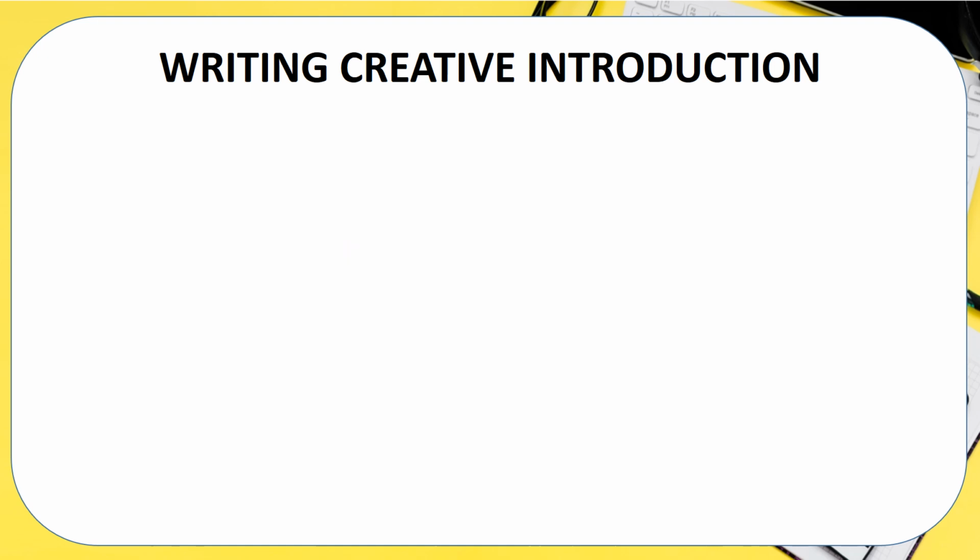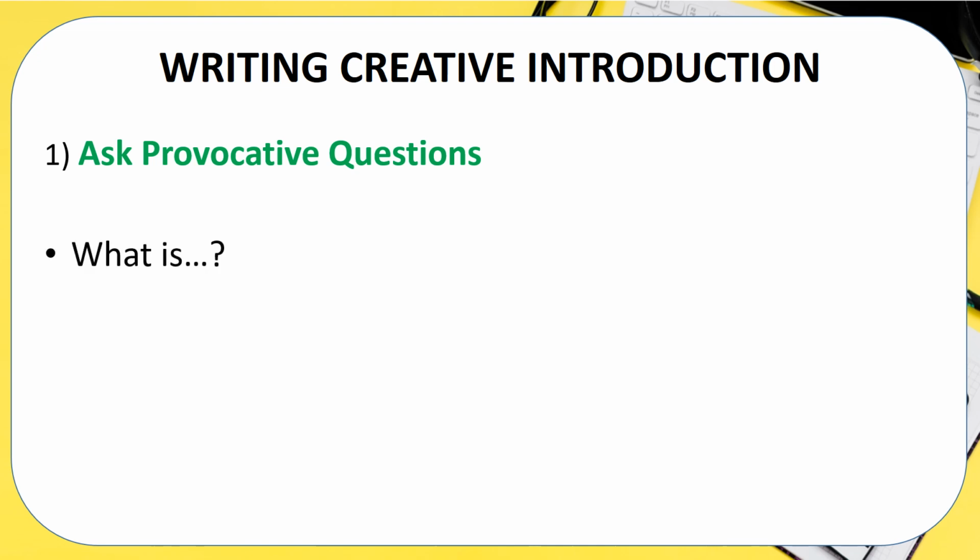Let's start with the first one. Ask provocative questions. When you ask questions, make sure your grammar is correct. So here I list down a number of phrases that you can use to start your question, such as what is.